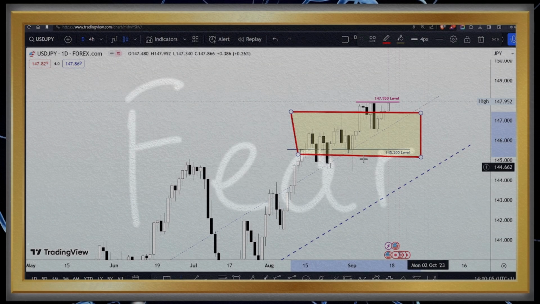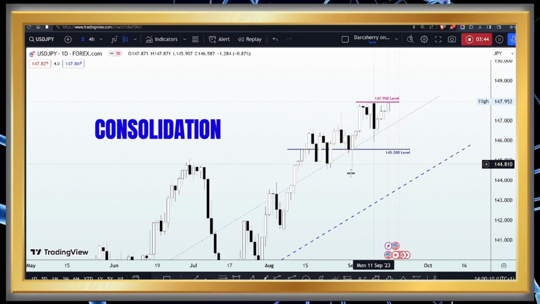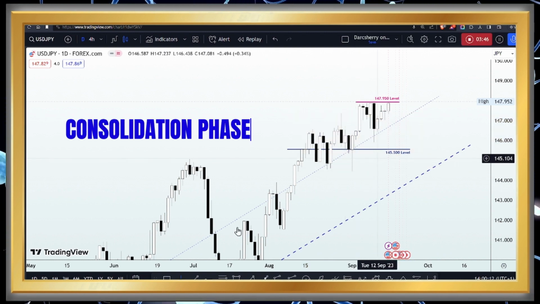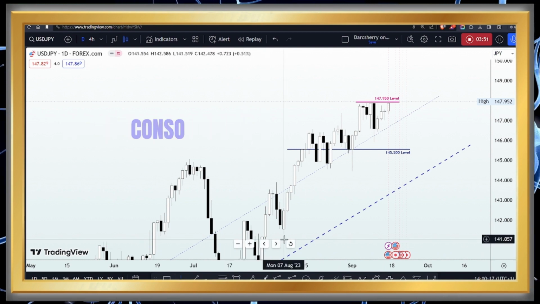This uncertainty is reflected on the chart, manifesting as a consolidation phase amidst a resilient US economy. Now, here is where things get intriguing.